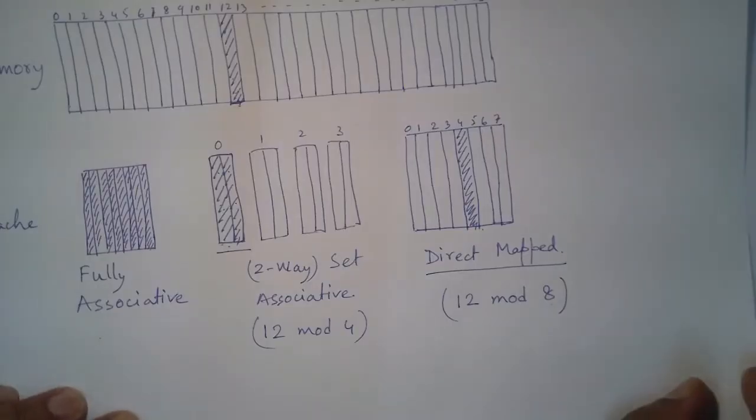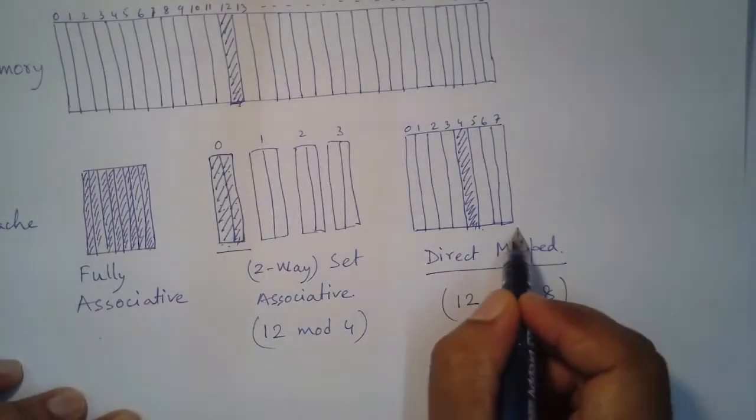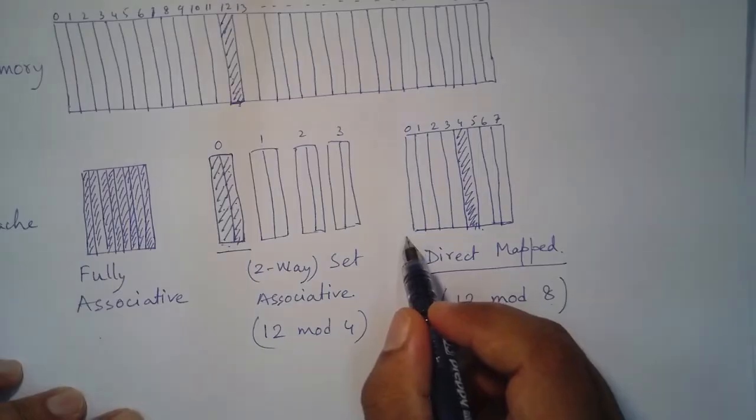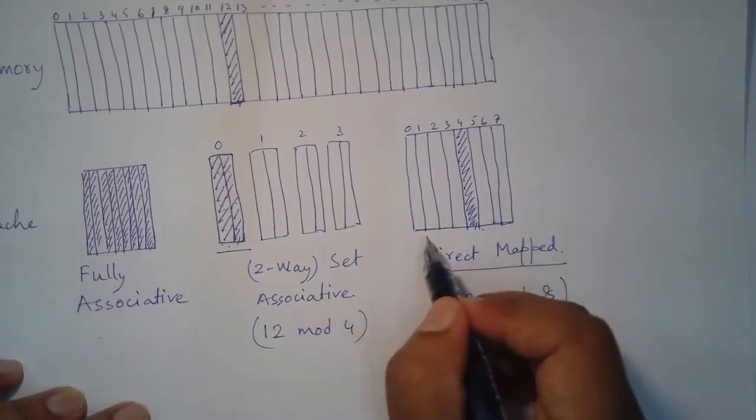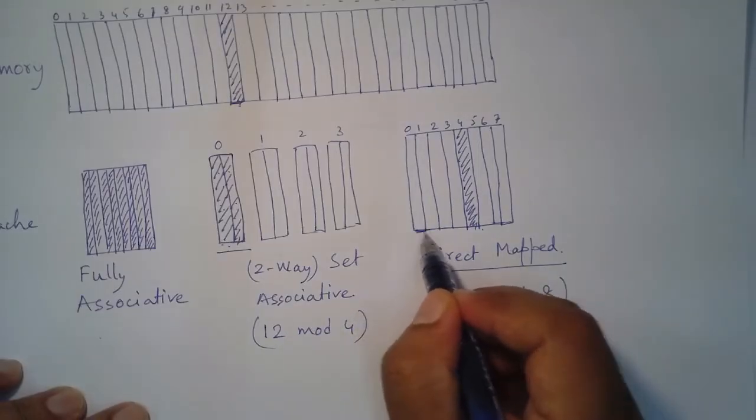For generality, I can consider that a direct map cache is an associative cache where each of the sets has only one block.